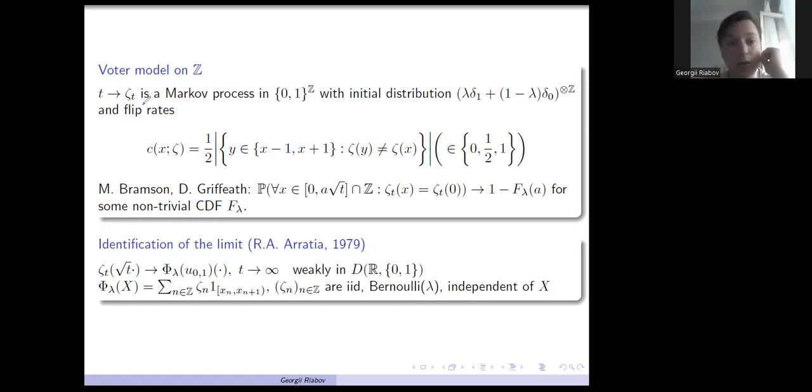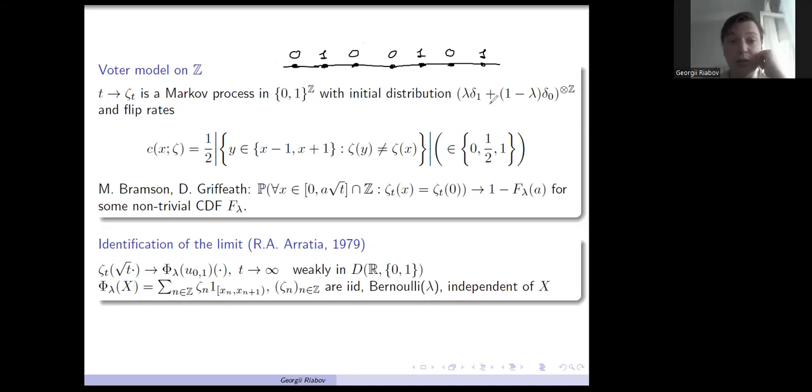So we have the Markov process of configurations on integers. So we have the integer lattice, and one configuration is the displacement of zeros and ones on integers.